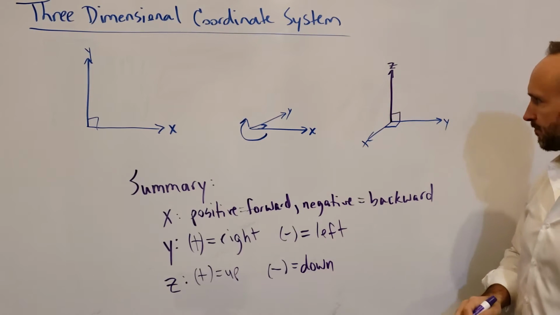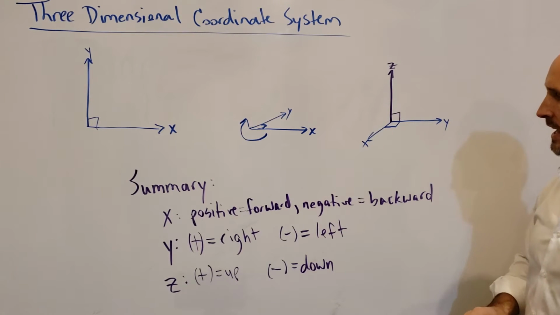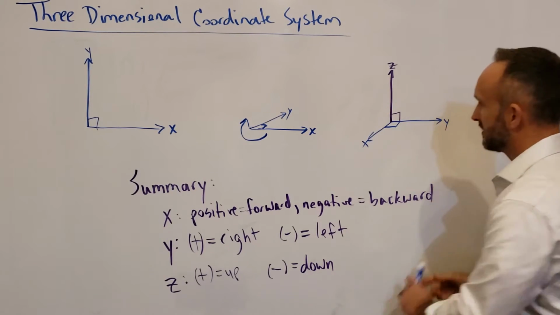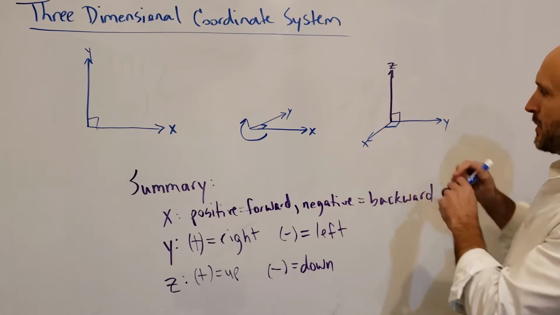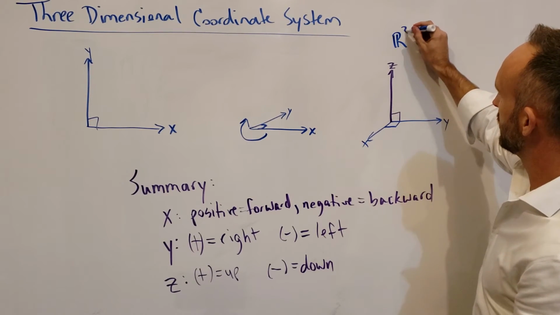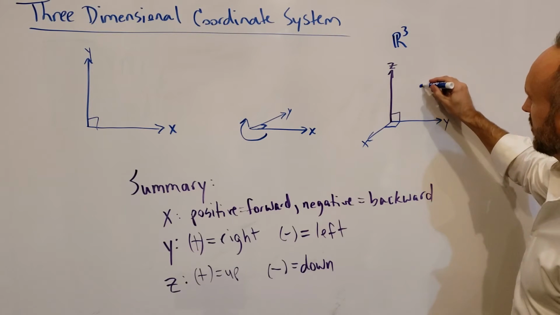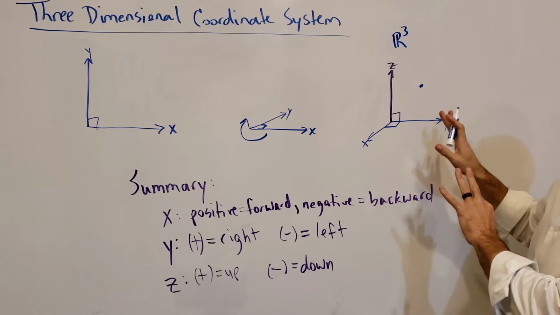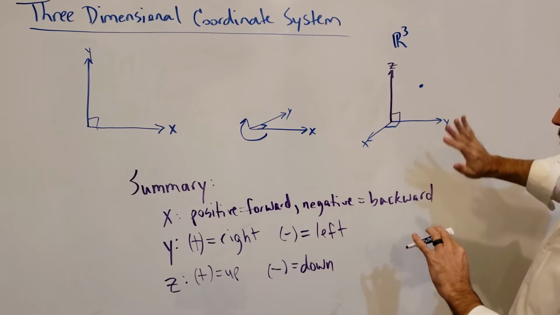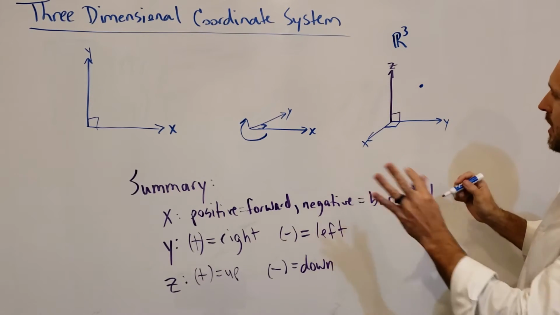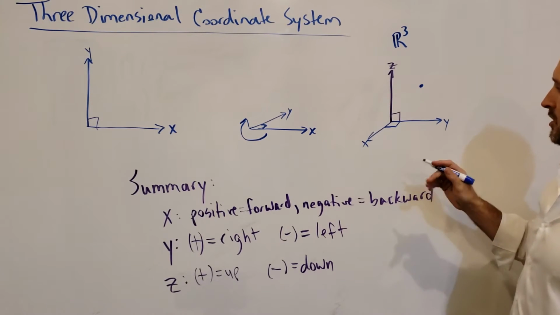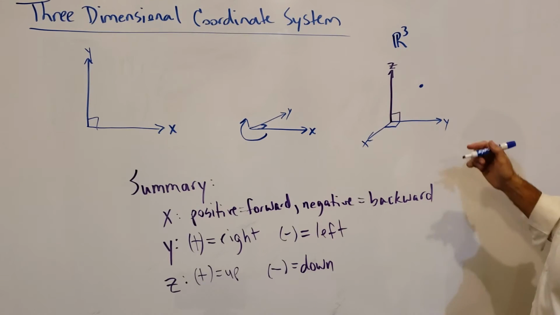All right? So there we go. And just so you understand, if you do plot some point in three dimensions in R3, that's what this is, remember this is R3. If you plot some point here now, it's a little bit harder to show where that point is because it's not clear how far forward or backwards it is and things like that. But I'm not going to get into plotting the points in this particular video. I just want to introduce you to the system.